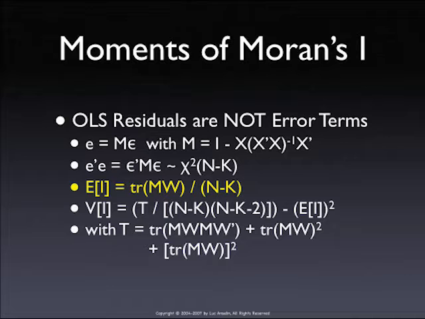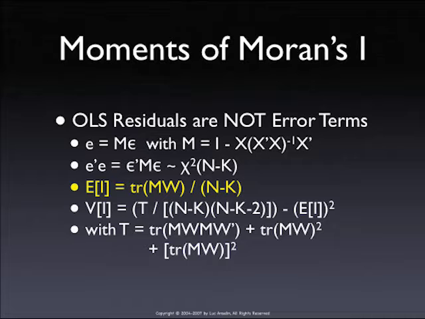So since we have this connection between the residual and the error term, the mean of the Moran's I for residuals is no longer the same as the one we had for regular random variables. Remember, there was -1 over n minus k, which as n increased got closer and closer to 0.